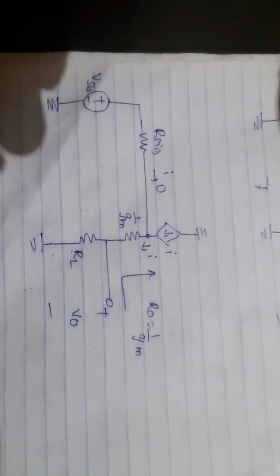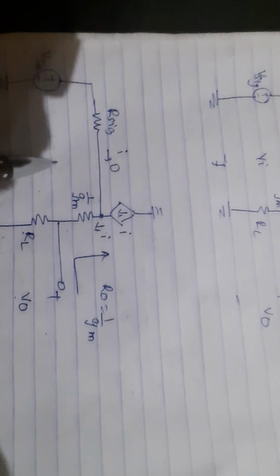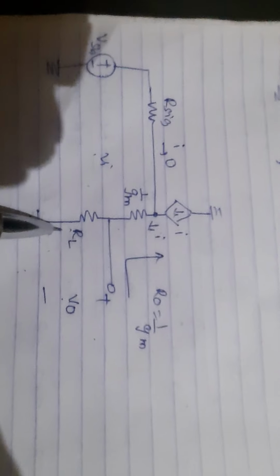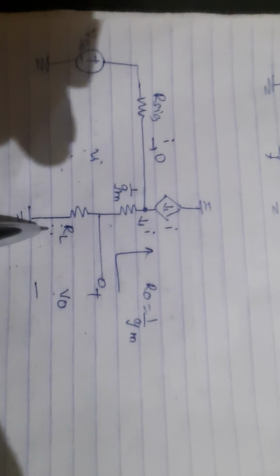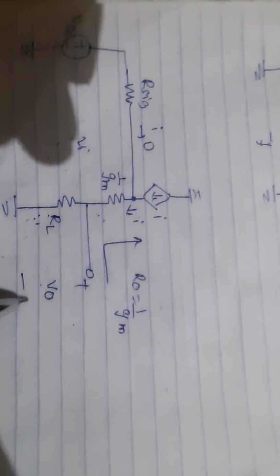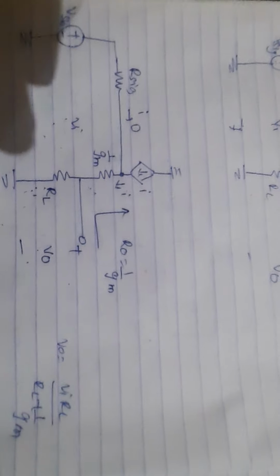The output voltage is given at this point, where VI is, as VI into RL divided by RL plus 1 upon gm. This is V0, the output voltage.